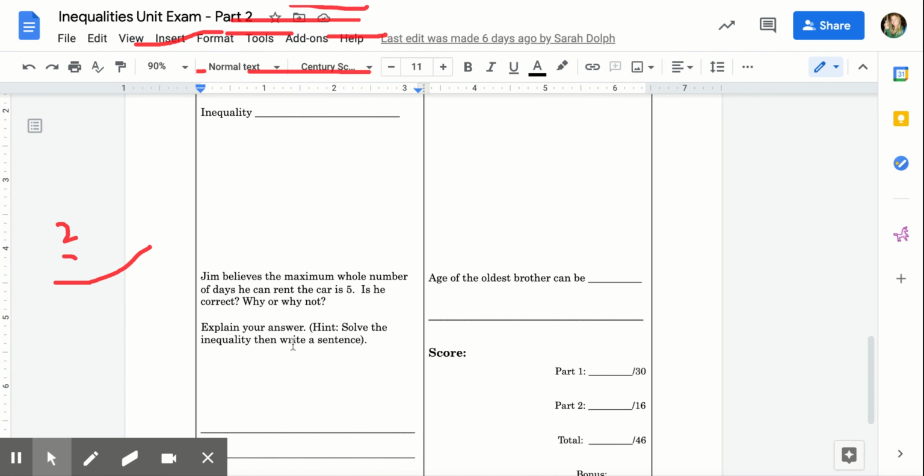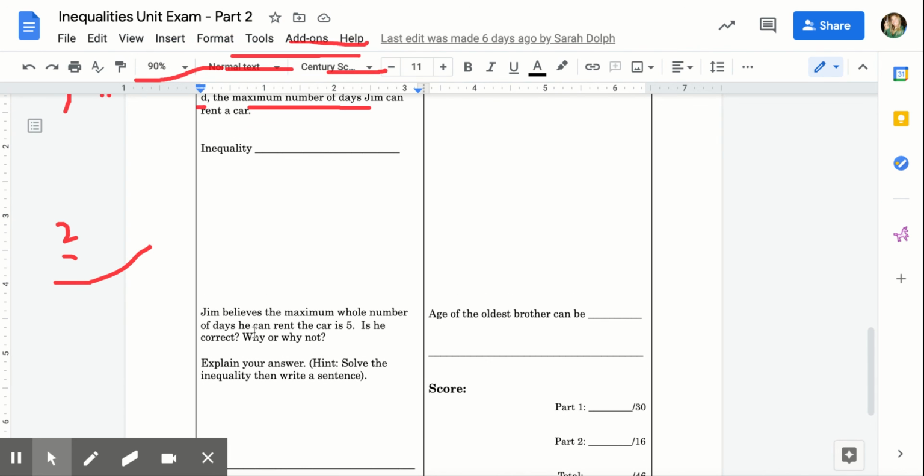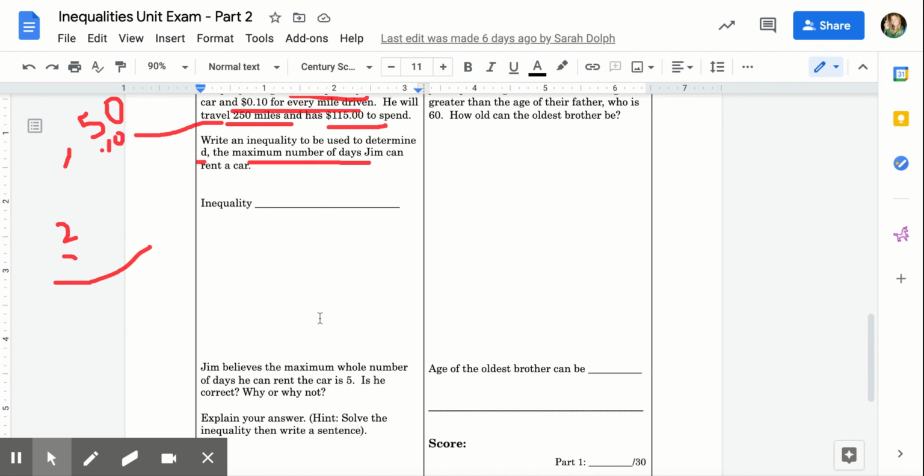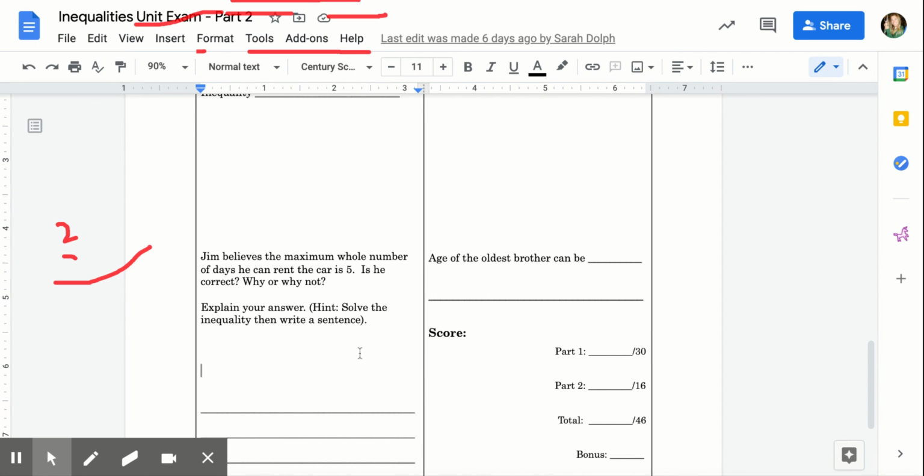It says hint: solve the inequality, then write a sentence. So whatever you got for here, you're going to get D is blah, blah, blah, then a number. So you can just write yes because D is blank, or no because D is blank.